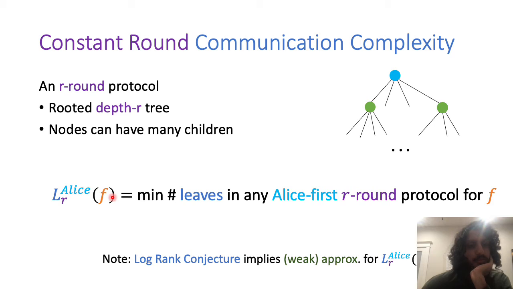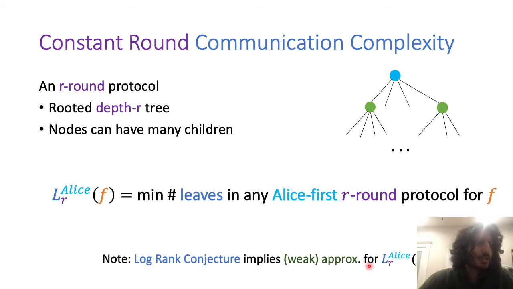One final thing I want to note is that even the constant round setting is interesting in the sense that if you could characterize the hardness of approximation of the constant round setting, it could potentially refute the log rank conjecture, because the log rank conjecture actually implies some sort of approximation for the constant round setting too.